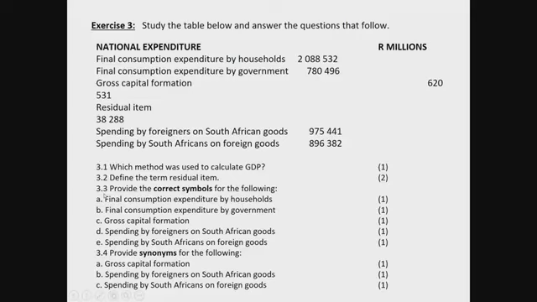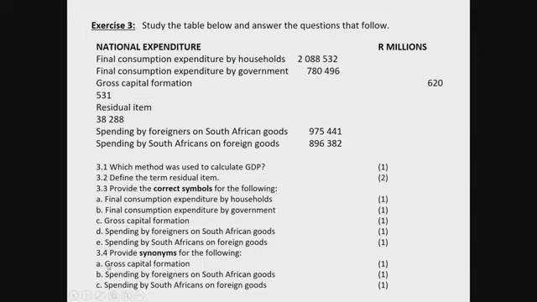Final consumption expenditure by households: when you were in grade 10, we taught you that households are represented by the letter C. Final consumption expenditure by government: government is represented by the letter G. Gross capital formation, which is your investment, would be the letter I. And spending by foreigners on South African goods, that means outsiders spending money on our goods, would be exports, which is represented by the letter X. And spending by South Africans on foreign goods would be your imports, which is represented by the letter M.